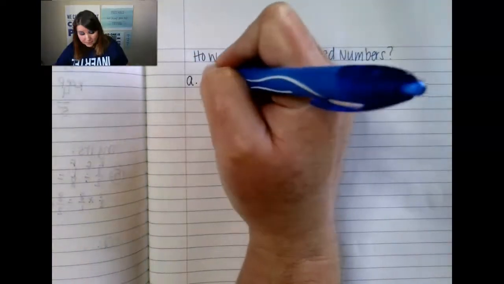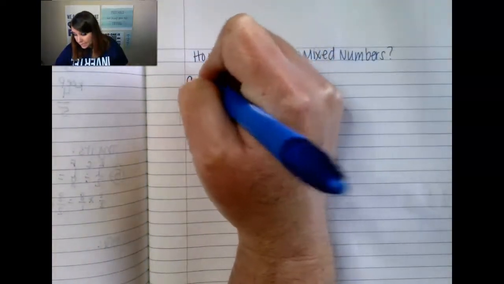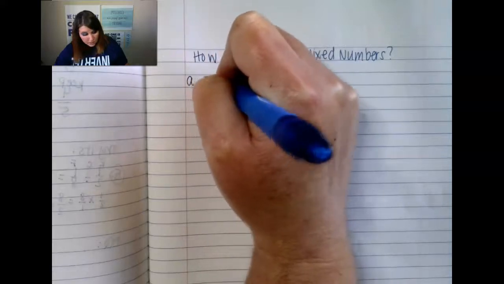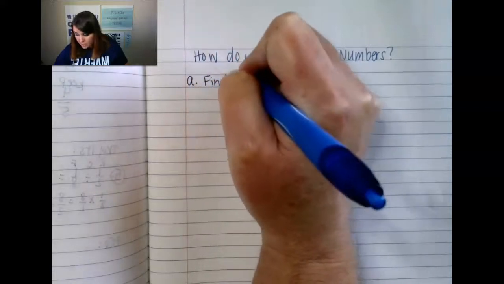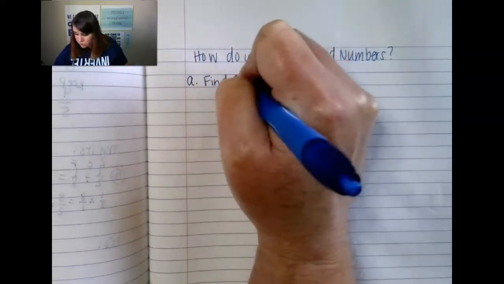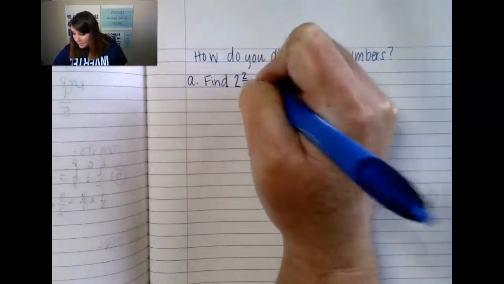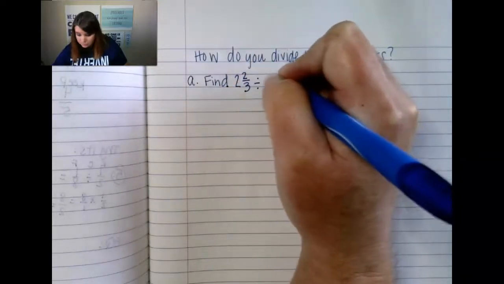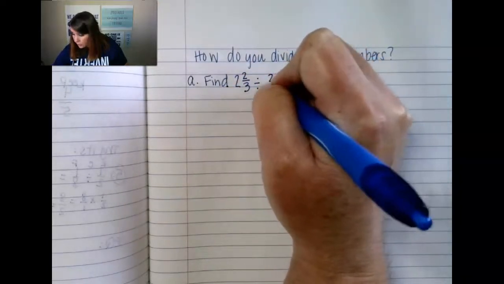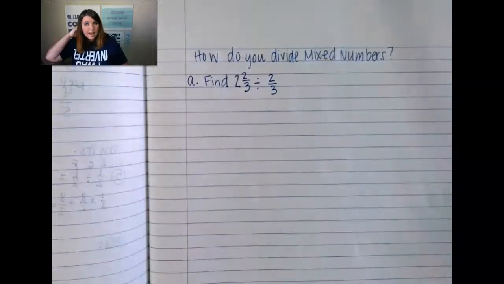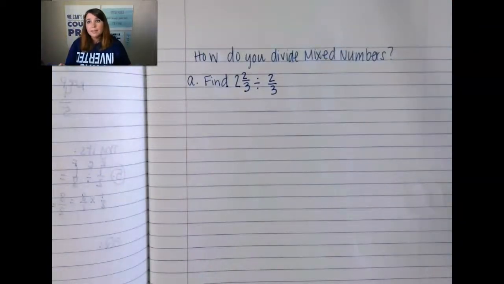Let's say I have example A. It says we need to find 2 2/3 divided by 2/3. This says that I have 2 2/3 of something, and I need to split it into 2/3 pieces.